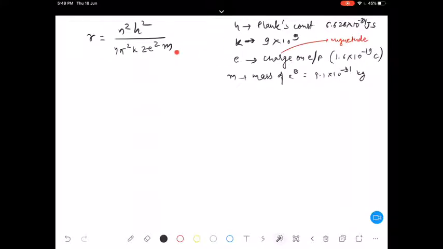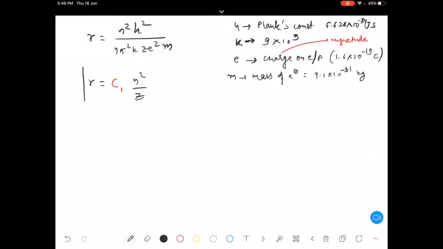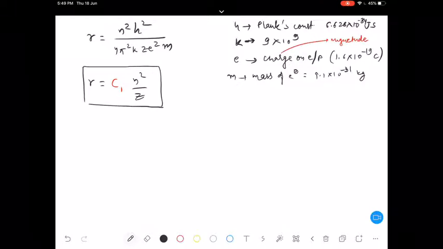So if I put all these values in this expression, I can write r as some constant, let's say c1, into n square by Z. Say yes or no. And if I calculate this value of c1, can I write it as 0.529 angstrom?